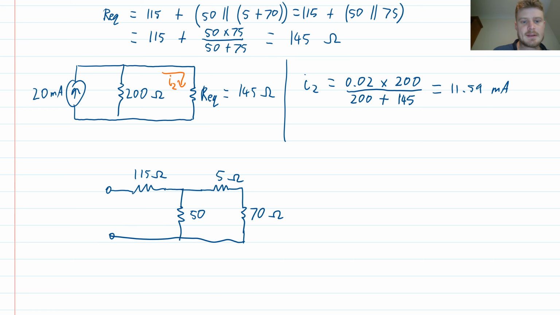And I have just calculated that the current entering here is 11.59 milliamps. So again, I have a current divider circuit.